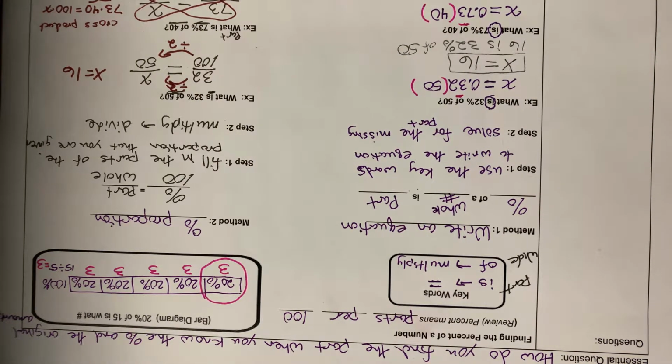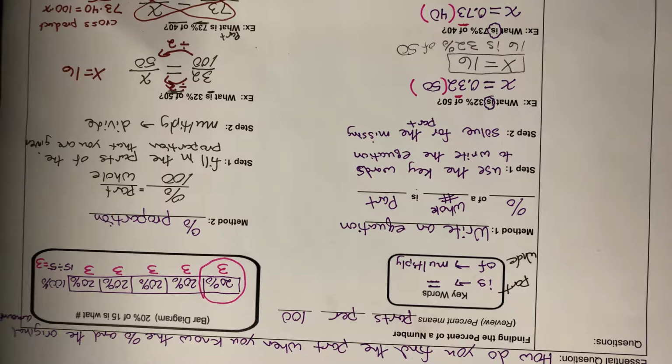And then finally, our last example, because I have to teach it to you. What is 128% of 550? Now, we have our percent, 128%, and even though it's more than 100, it's still compared to 100, because percents are always compared to the value of 100.